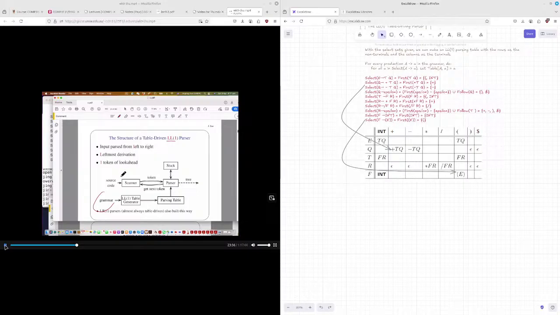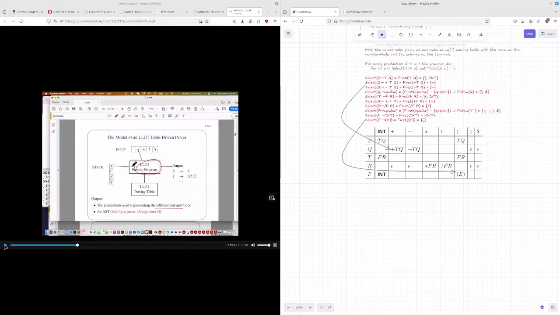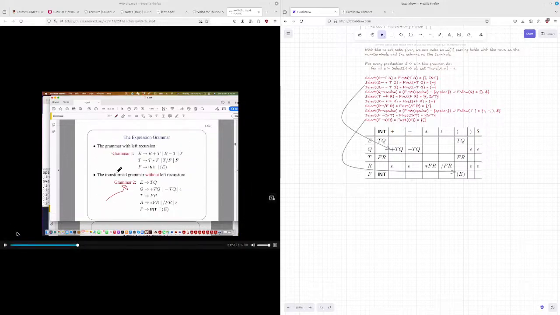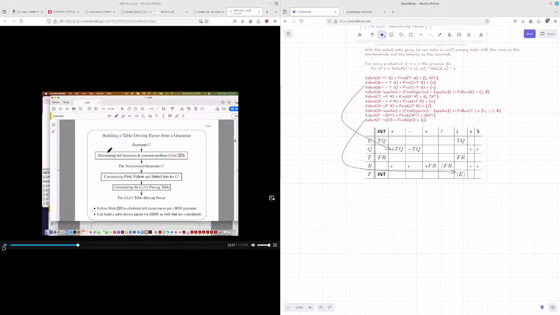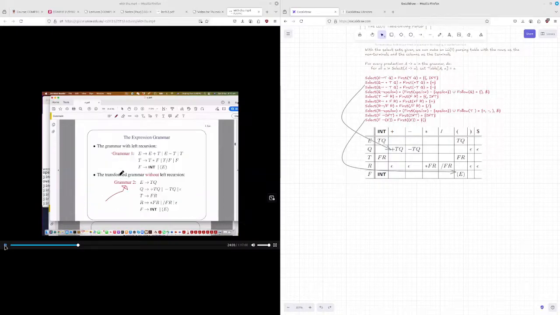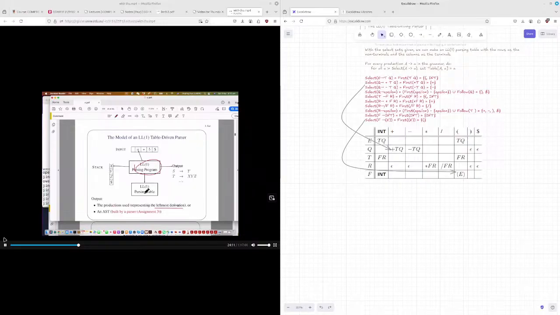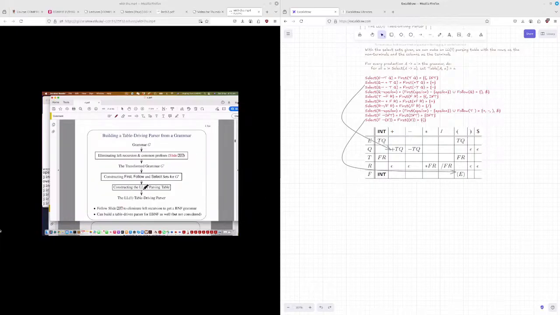Everything is exactly the same as the recursive descent parser, except that here we do not use recursive procedures. We make use of iteration plus a stack explicitly. Now we have just obtained a table-driven parser, which consists of this driver and the table. That's it.